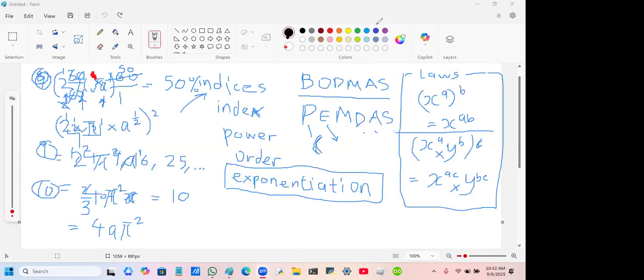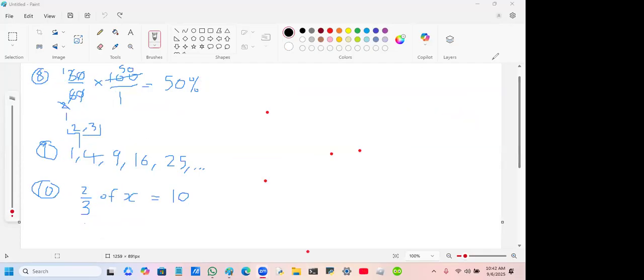So what's the next thing I'm going to do? The next thing that we're going to do is to change that "of" up to what? Multiplication.